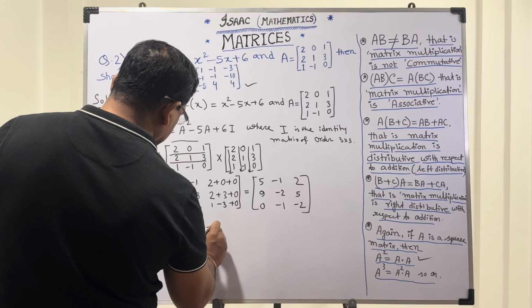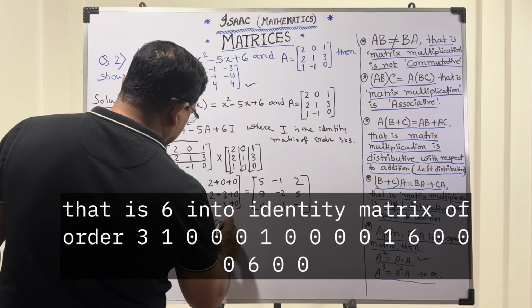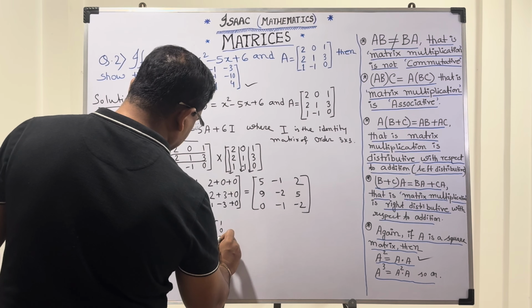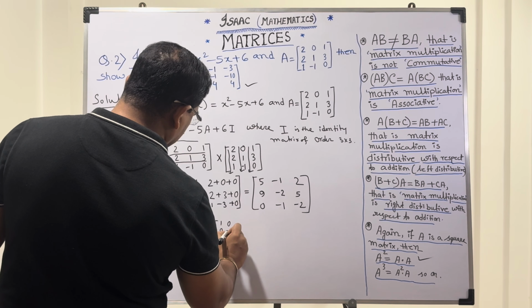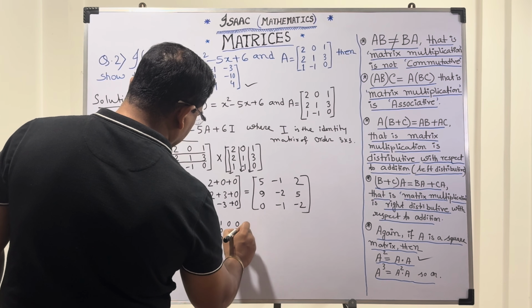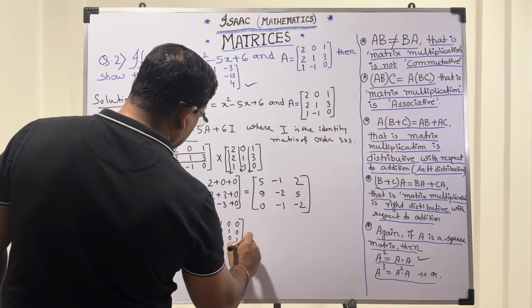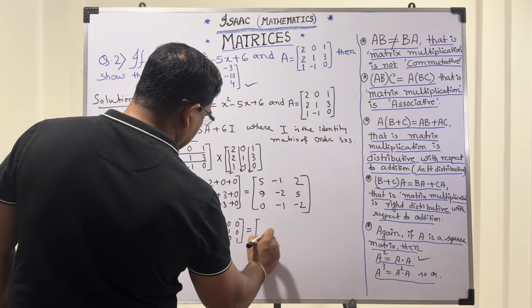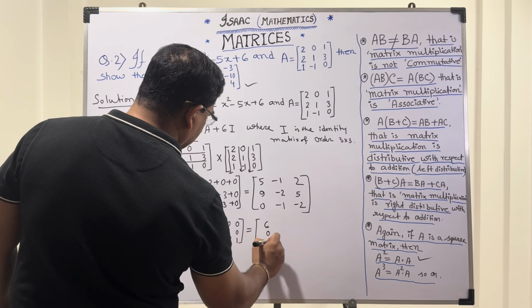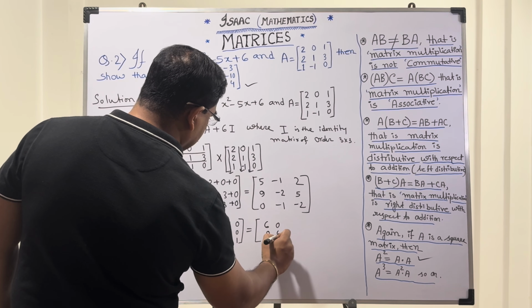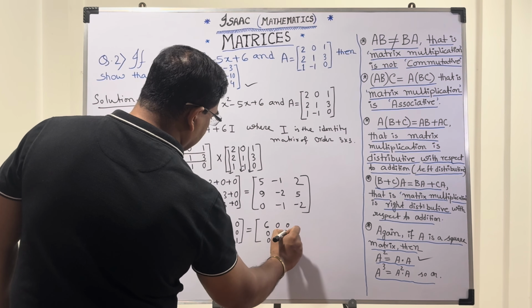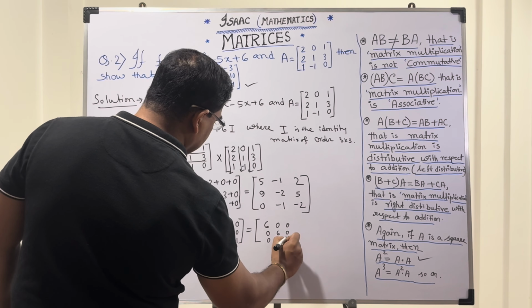Then 6I, that is 6 into the identity matrix of order 3: 1 0 0, 0 1 0, 0 0 1, which gives 6 0 0, 0 6 0, 0 0 6.